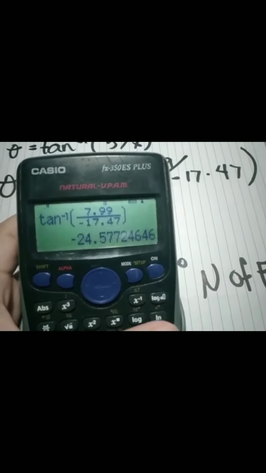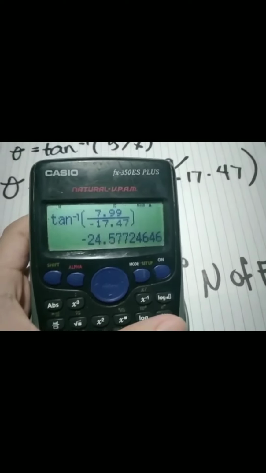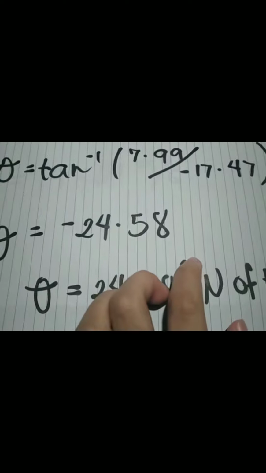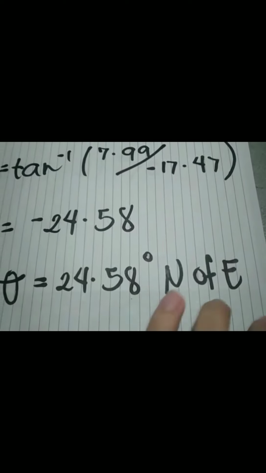Now we must substitute it from this. So we substitute it like this and then use the calculator and the answer should be negative 24.58. It should be absolute, so it is 24.58 degrees. And it should be N of E or north of east.